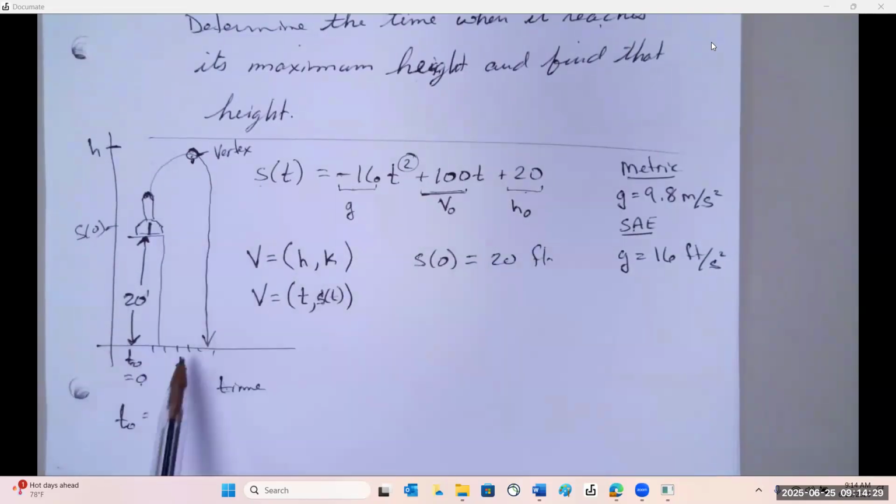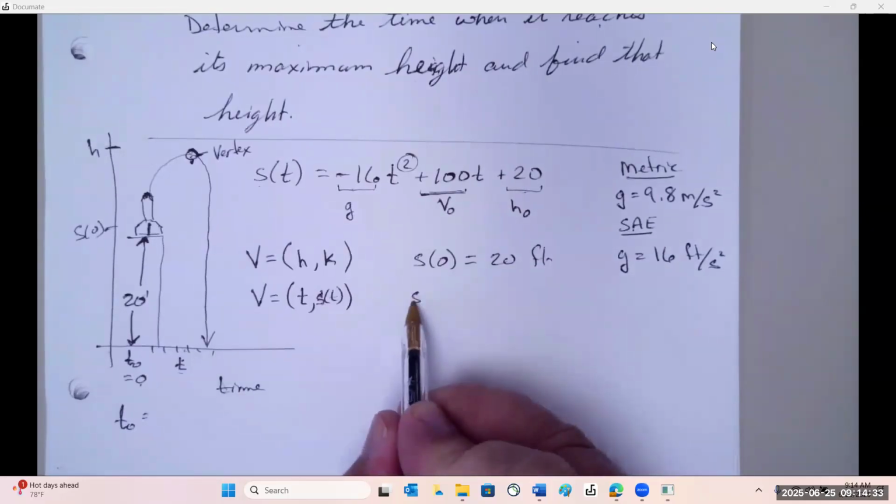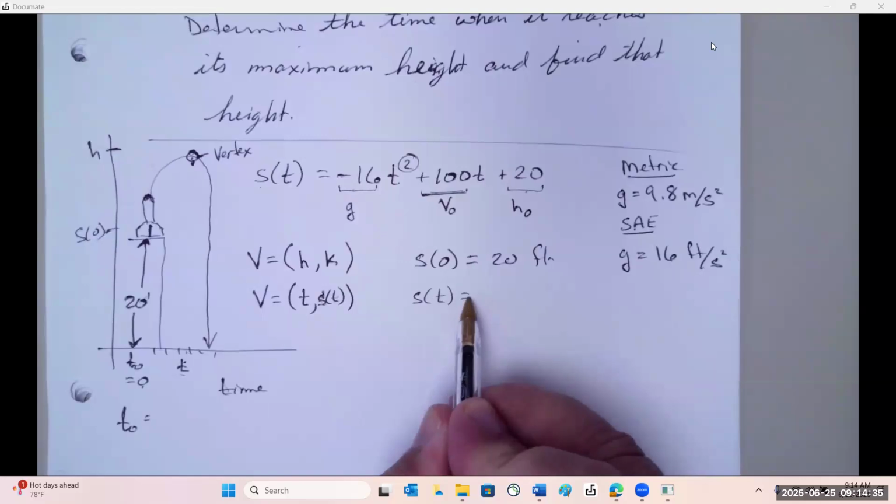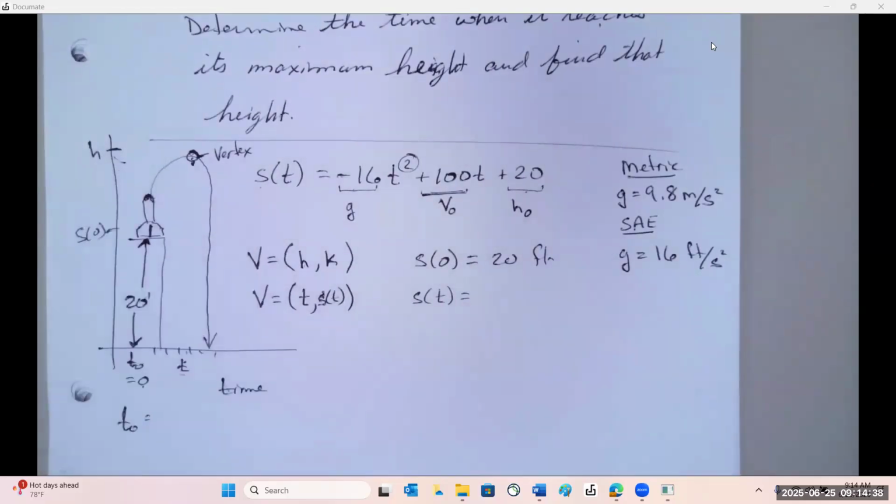What we have to do is find the value of t, plug it in there, and then that'll tell us our height. So far, so good. But now the question is, how do we find the value for t? We talked about this yesterday.